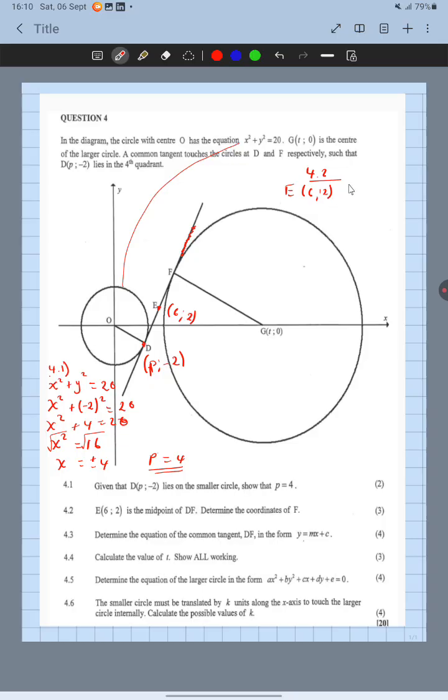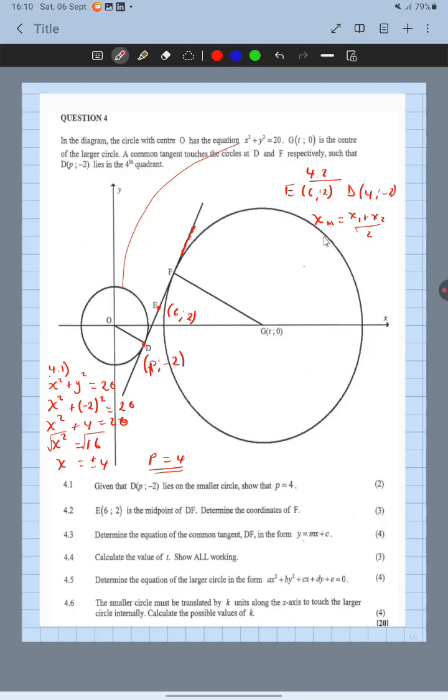And we have our D, which is (4, -2), right? Since we are looking for a point and we have the midpoint, the x value of the midpoint is equal to x1 plus x2 divided by 2.